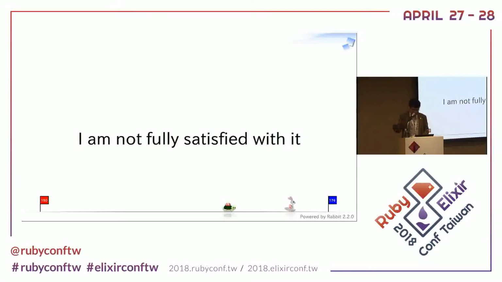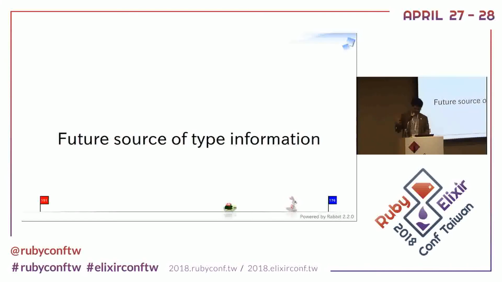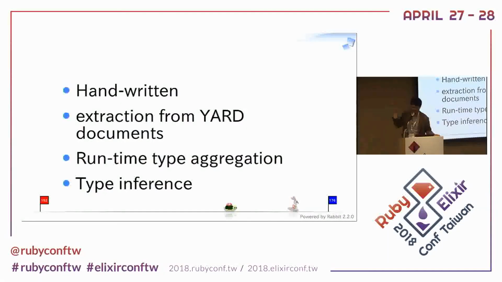I'm not fully satisfied with it because type annotation comments are so ugly. So I believe the future source of type information can be a handwritten type description file, or extraction from YARD documents, and/or runtime type aggregation.